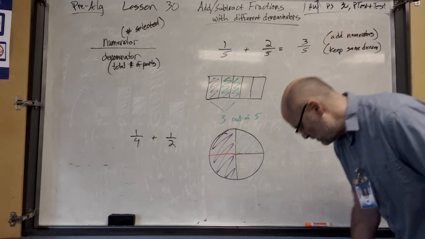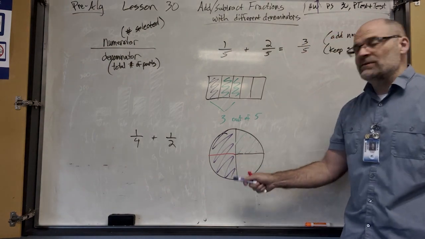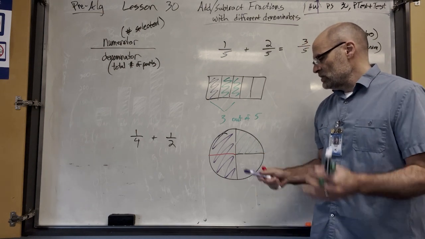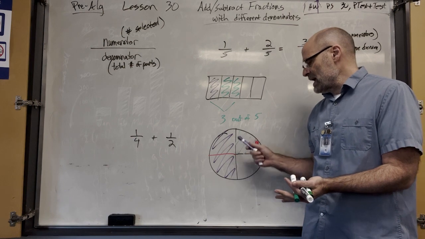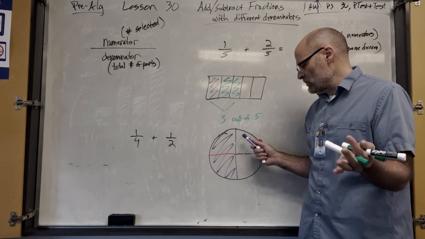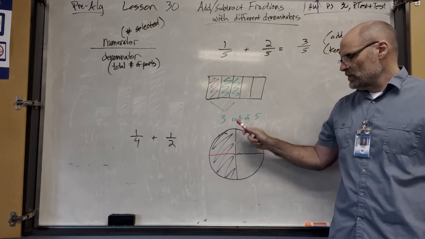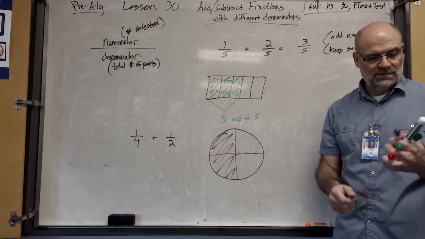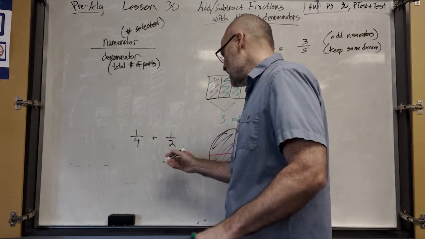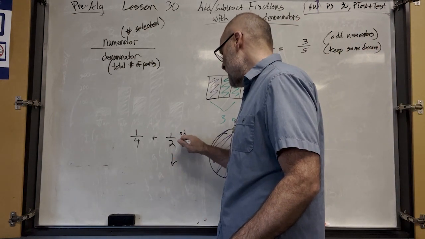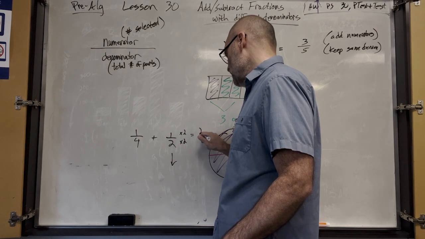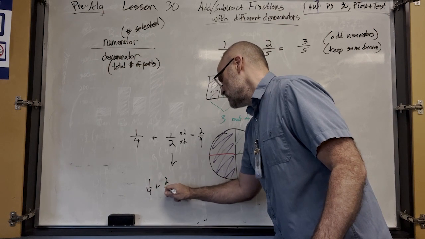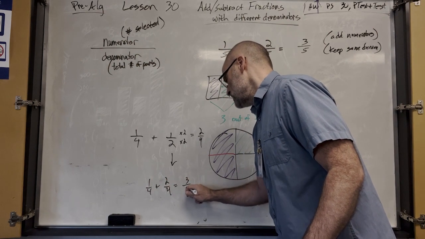When you cut it in half, you doubled the number of pieces selected, and you also doubled the total number of pieces. So you take this 1/2 here, and you double the top and you double the bottom to get 2/4. So 1/4 plus 2/4 equals 3/4.